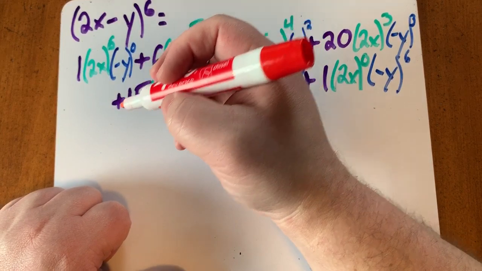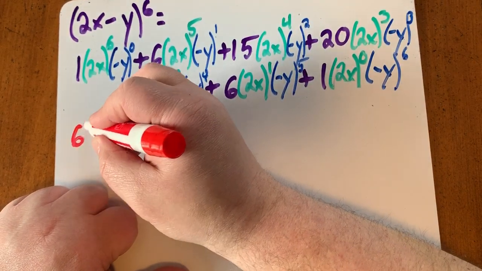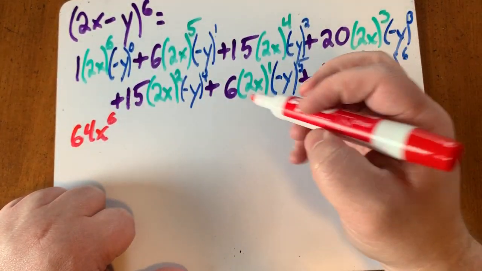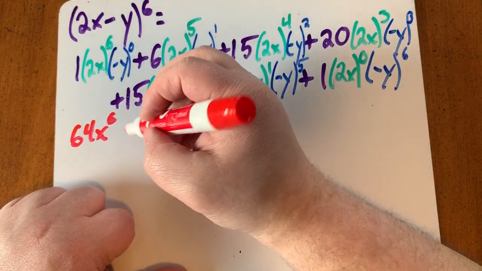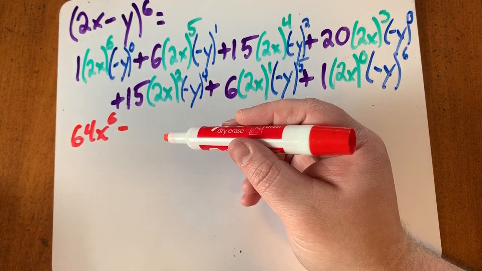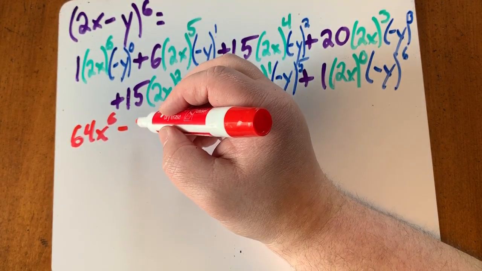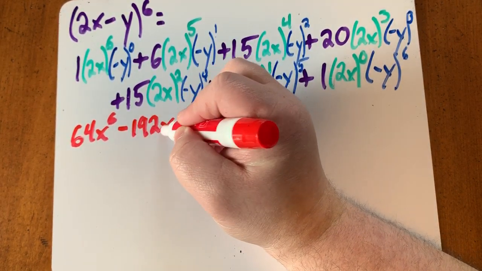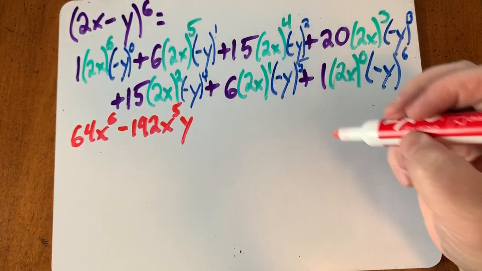So 2 to the 6th is 64. So it's 64x to the 6th, negative y, so negative, and then 32 times 6 is 64 times 3, so that's 192, x to the 5th, y to the 1st.